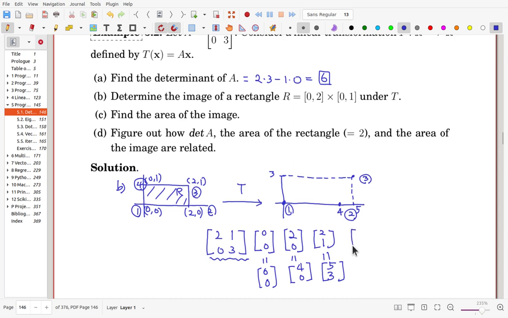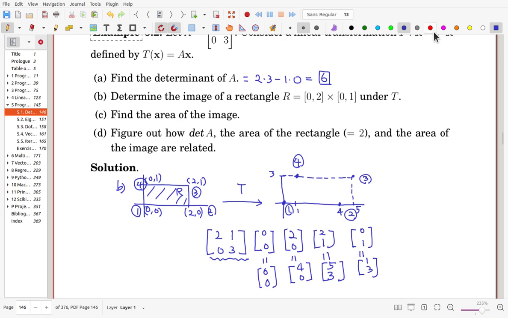Point 4 is (0, 1). Once this vector is multiplied here, that means just the second column. So that is the same as here, now 1 and 3. So we have 1 in the x direction, and the height is 3. That is the image of point 4.